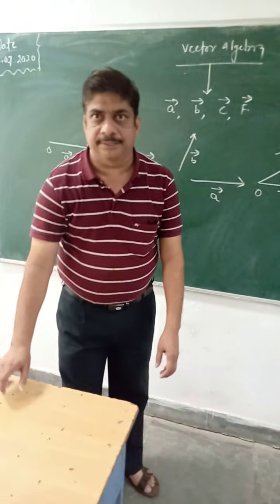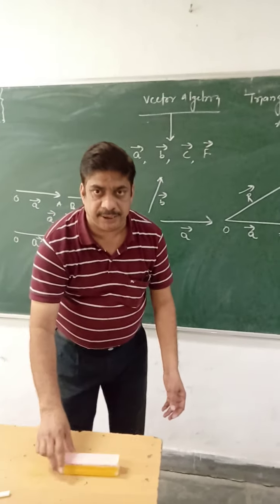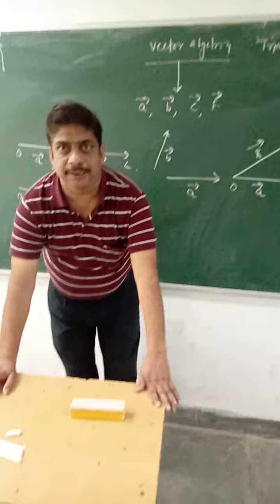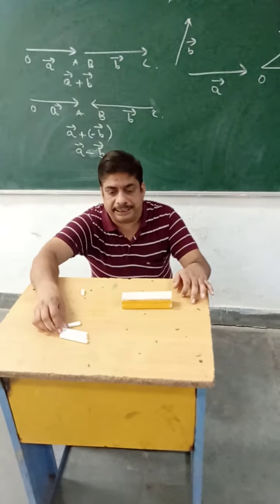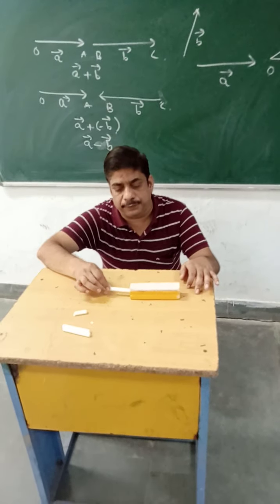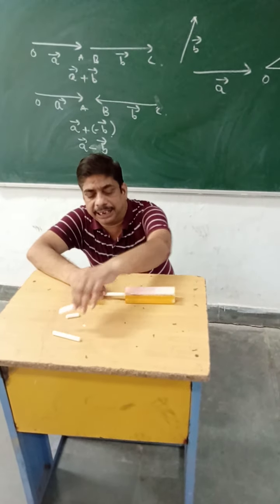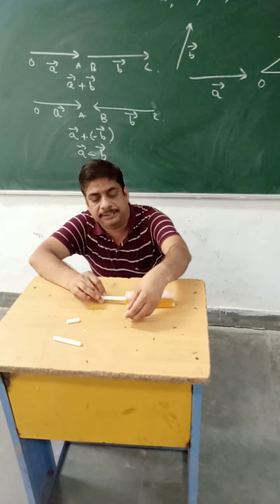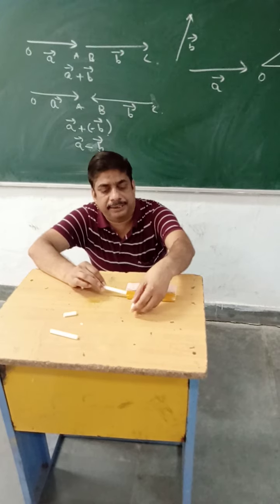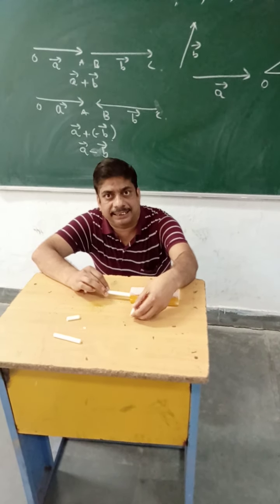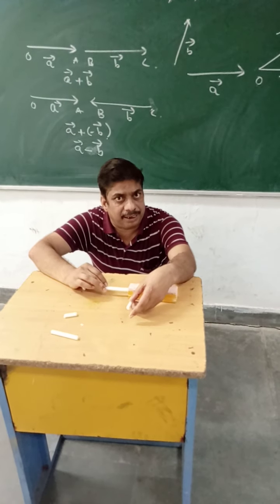Now you can see a practical example of this. This is a duster on the table. If I apply a force in this direction and another force in this direction, two forces are applied, but there is an angle between them, they are not parallel.